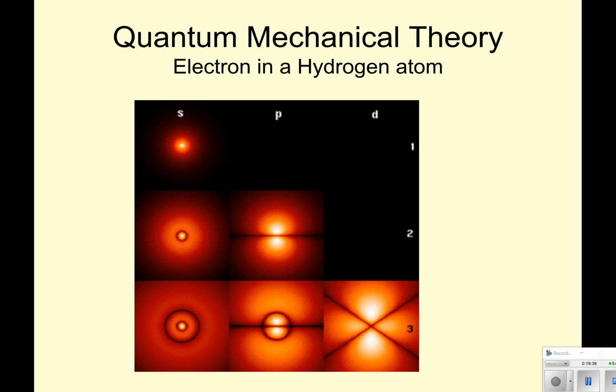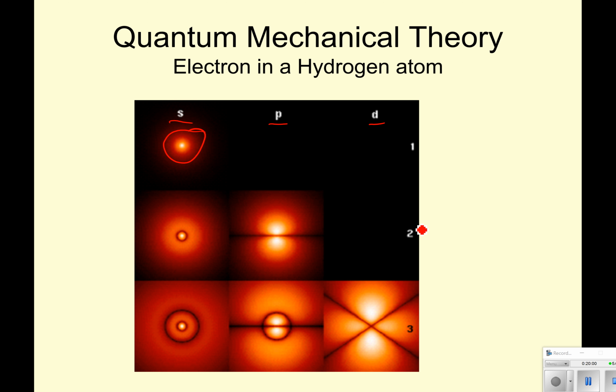Now we can have principal energy levels like 1, 2, 3, 4, and then we can also have these sublevels like s, p, and d. For instance, the 1s orbital is going to be closest to the nucleus in our hydrogen atom, and then we can move further out. We can have sublevels p, d, and even further f, and we can move down our principal energy levels.